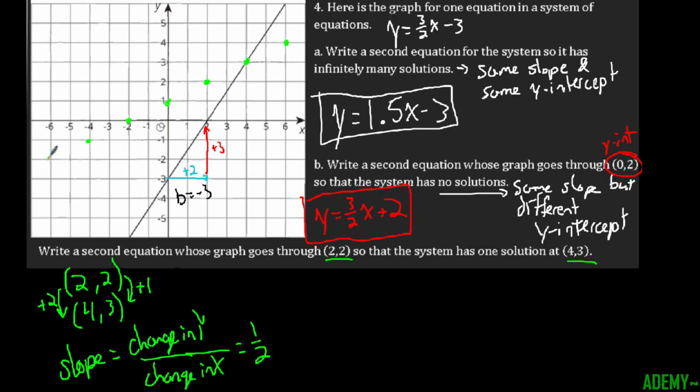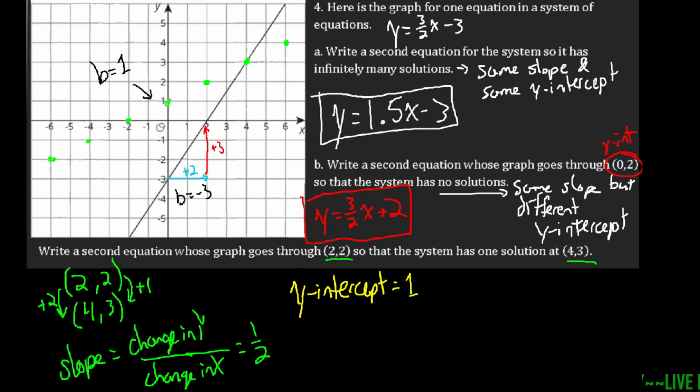So it should make the pattern here. And also, I can say, hey, there's going to be my y-intercept. So I'm going to say b is going to be equal to +1. So our y-intercept is going to be equal to 1.